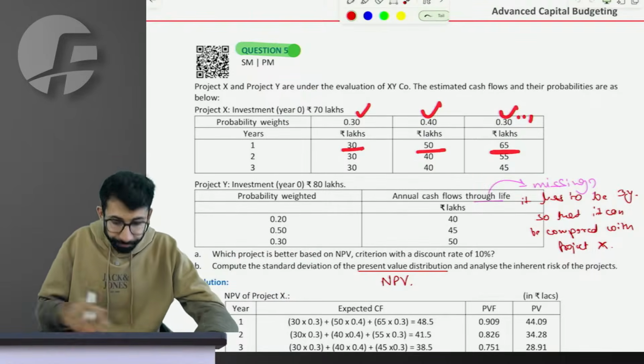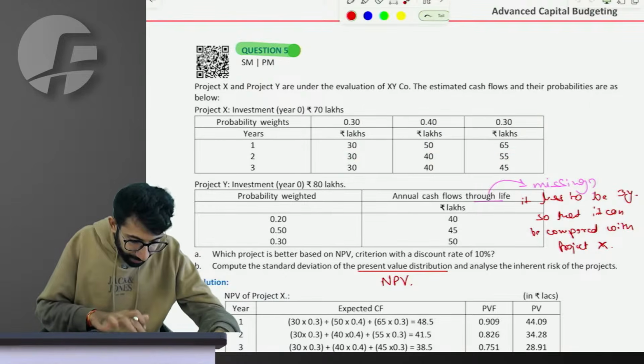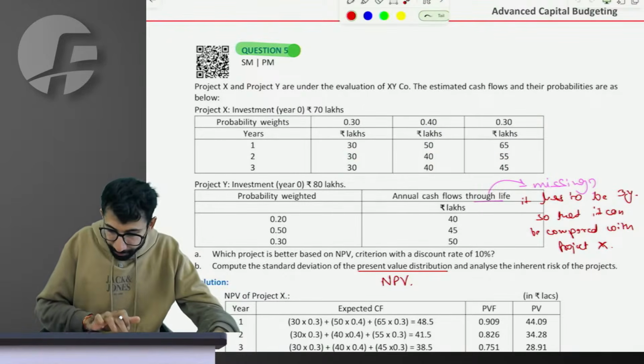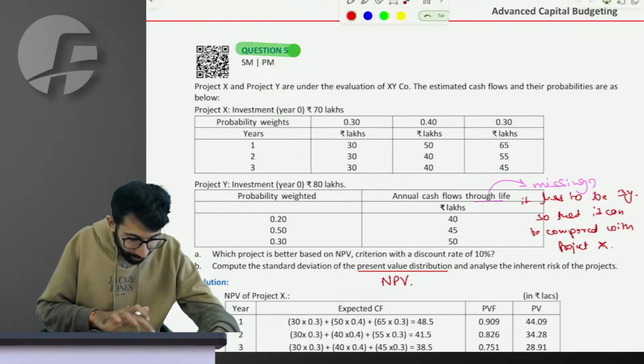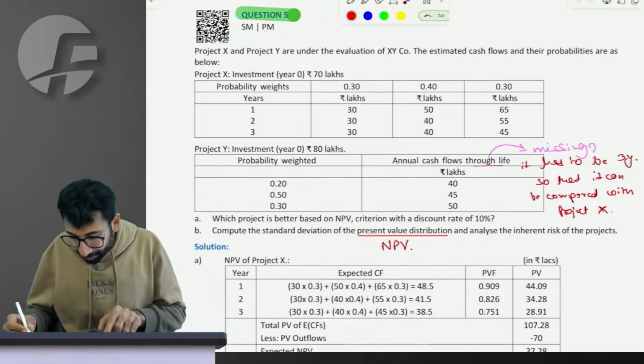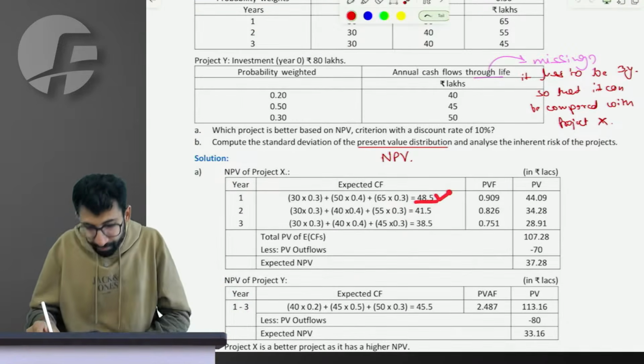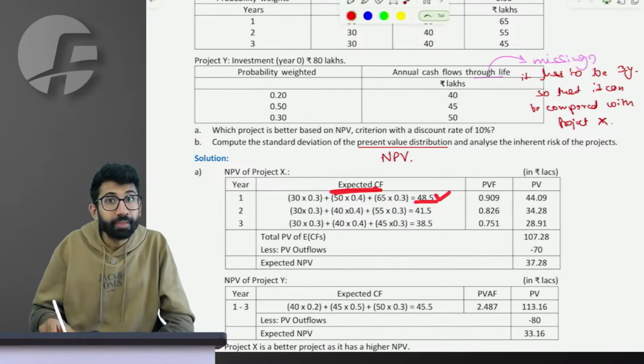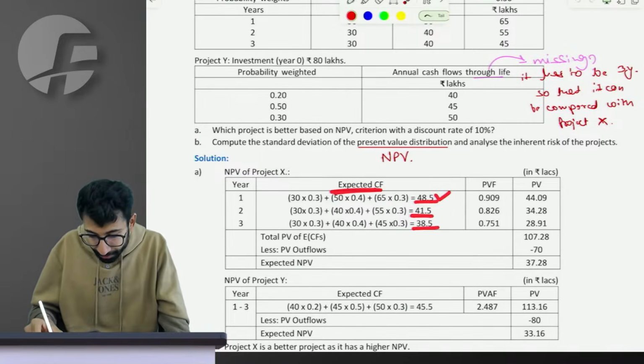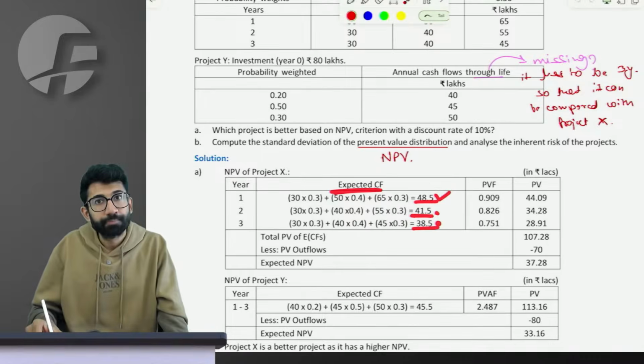Come on. So it's 30 multiplied by 30%, plus 50 multiplied by 40%, plus 65 multiplied by 30%, giving 48.5 as the expected cash flow of year 1. Similarly for year 2 and year 3, these are the expected cash flows.